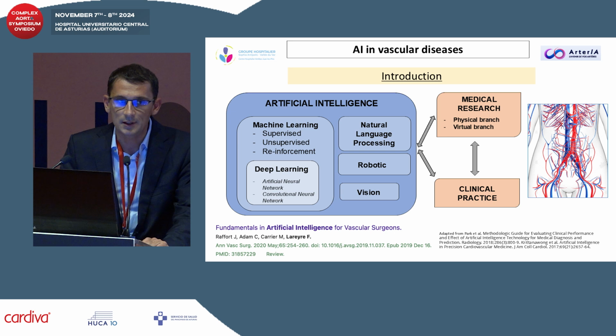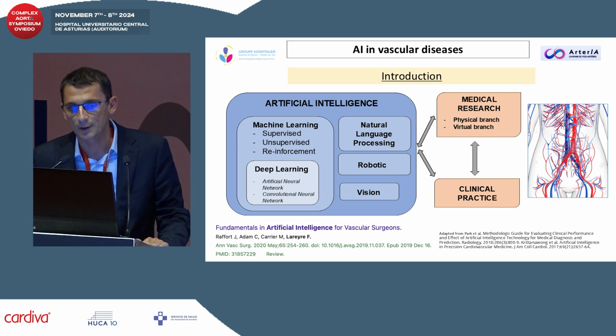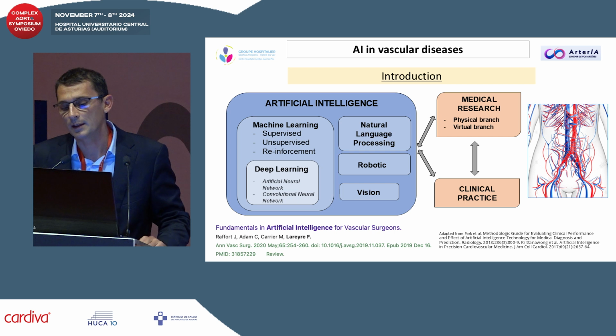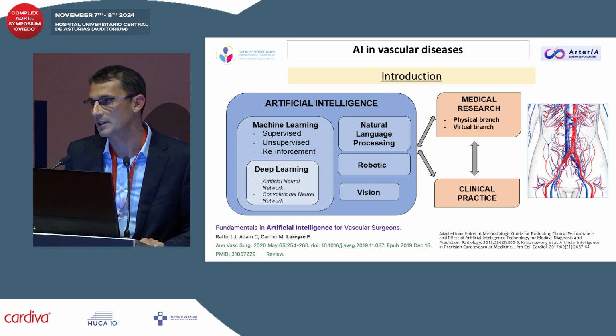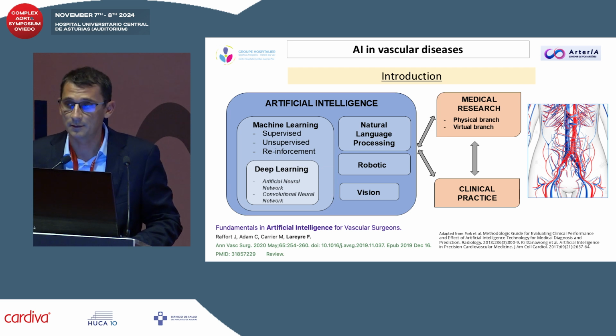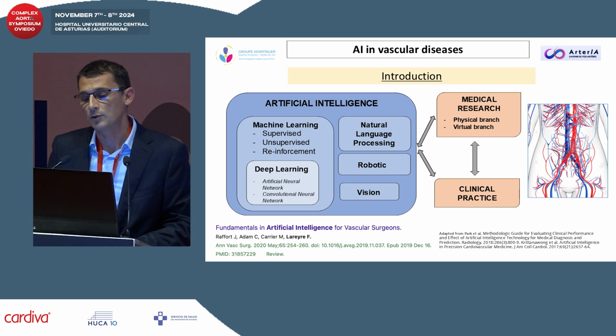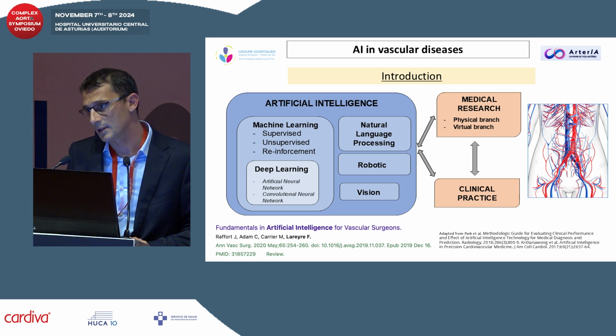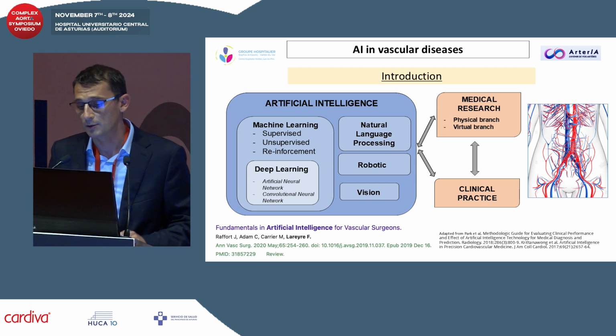So artificial intelligence is a very broad domain that regroups 3 main fields. The first one, NLP, natural language processing, which is the application for speech or written language. You also have robotics and innovative devices. And you have the field of vision, which is the application for videos or images.